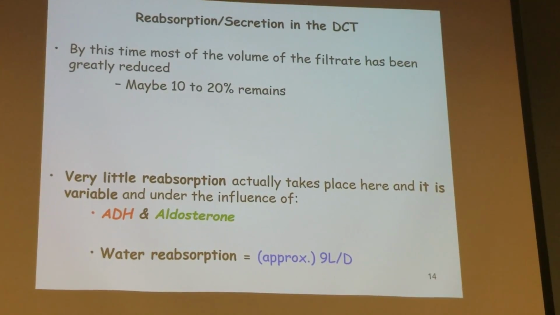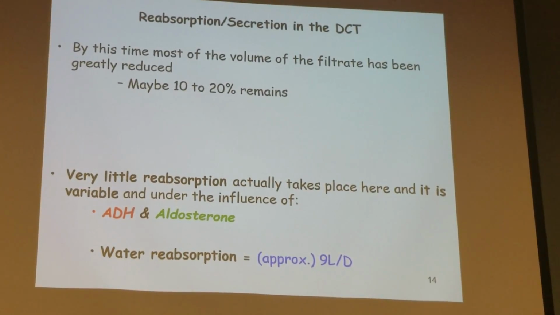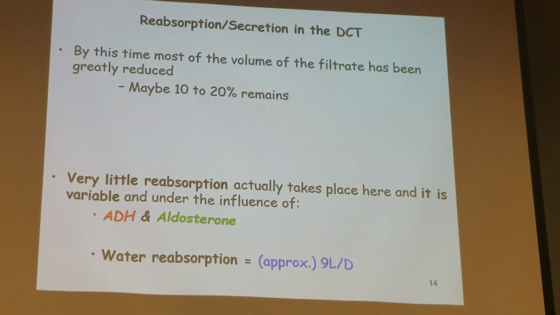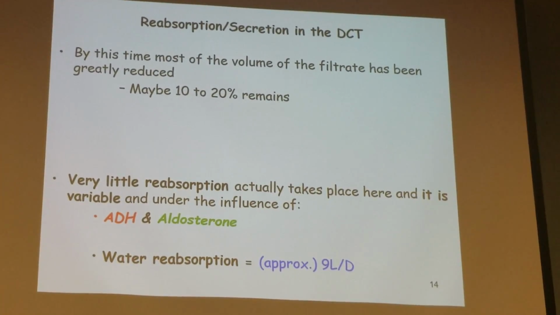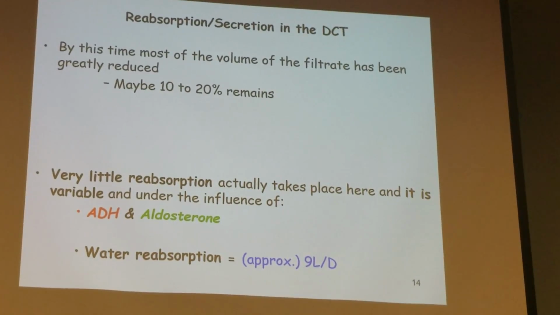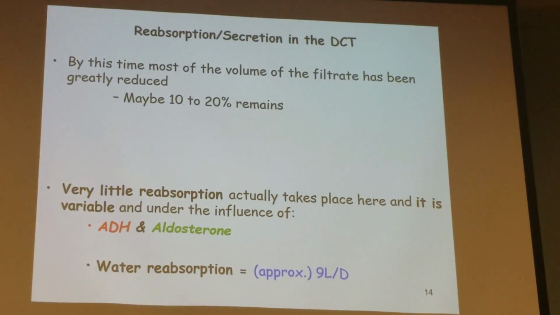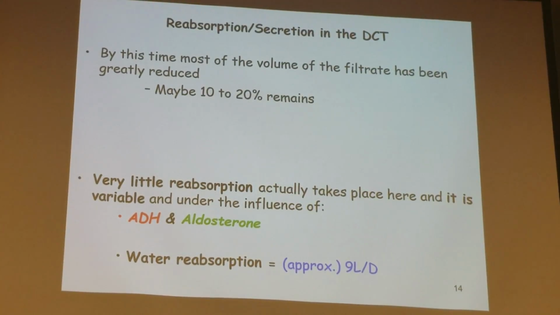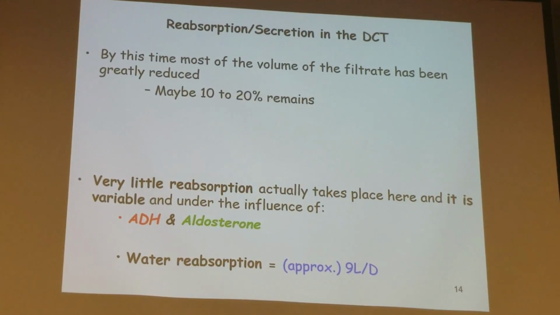Up until now, these hormones will not affect the renal tubule, but now they will begin to cause a change in your ability to reabsorb. On average, about 9 liters of water get reabsorbed in the distal convoluted tubule, but we can greatly change that. We can make it a lot more with these 2 hormones, ADH and aldosterone.